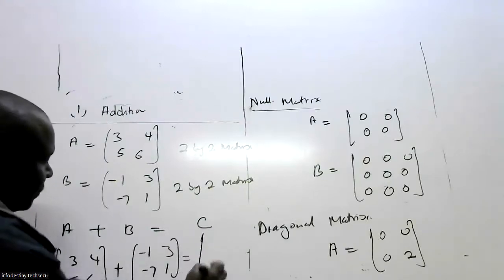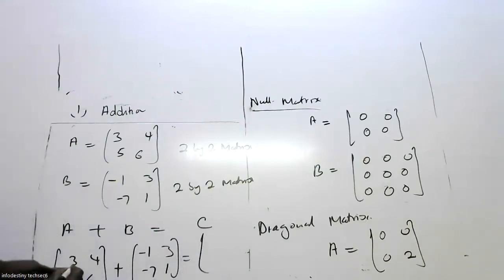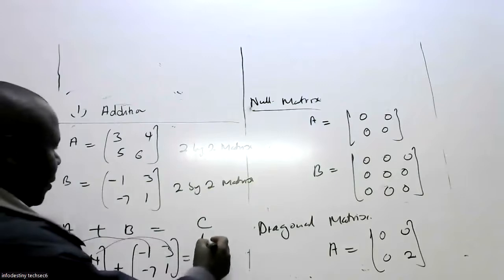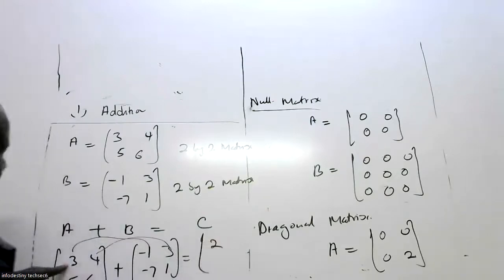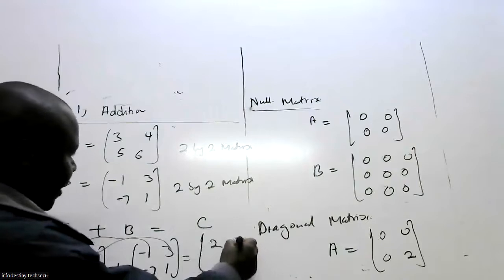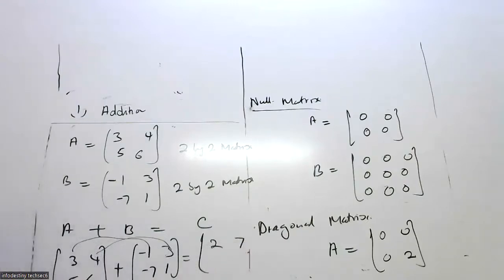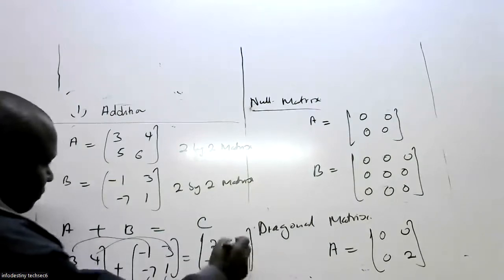We take this one, we add to this. So this plus this, 2. This plus this, 7. We take 5, we add to -7, -2. We take 6, we add to 1, 7.